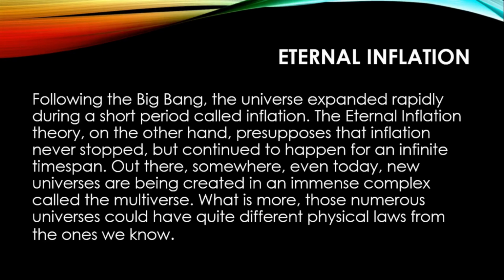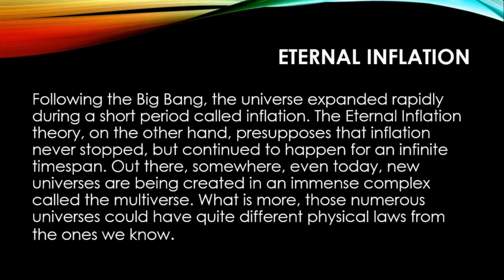Then another one is eternal inflation. So following the Big Bang, the universe expanded rapidly during a short period called inflation. The eternal inflation theory, on the other hand, presupposes that inflation never stopped but continued to happen for an infinite time span.